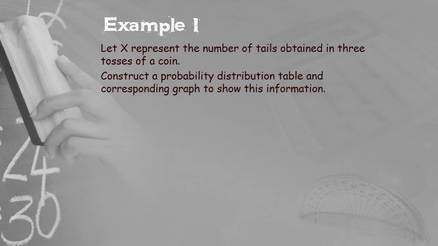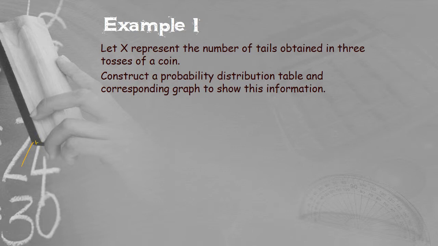Okay, let's look at our first example. So in this case, what we're looking at is x representing a number of tails obtained in 3 tosses of a coin, and we need to construct a probability distribution table and a graph to represent it. Now, if you're not sure about the different options here, we can always use a tree diagram, so let's have a look at that.